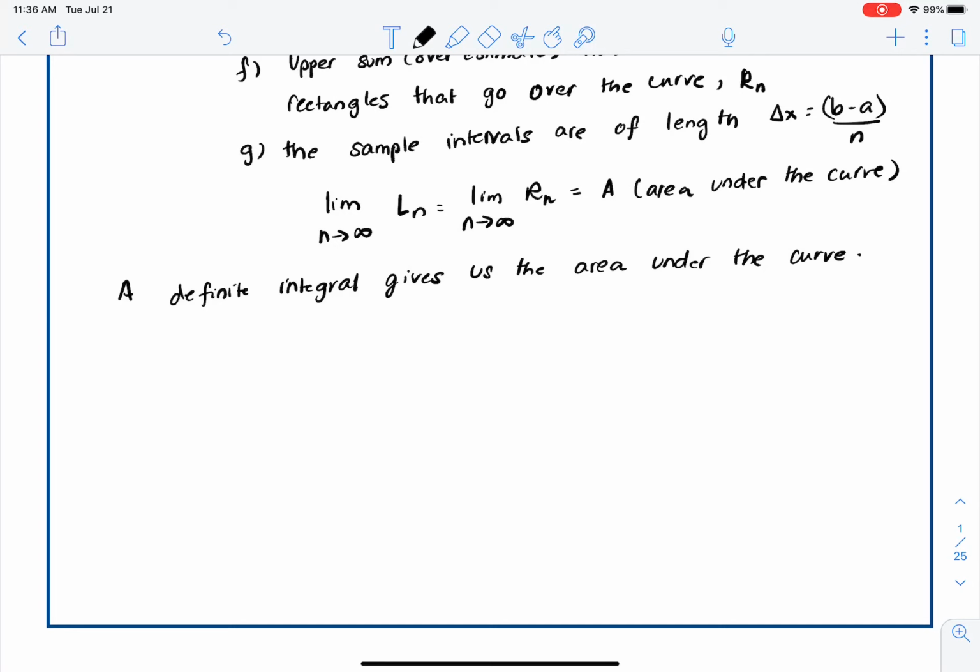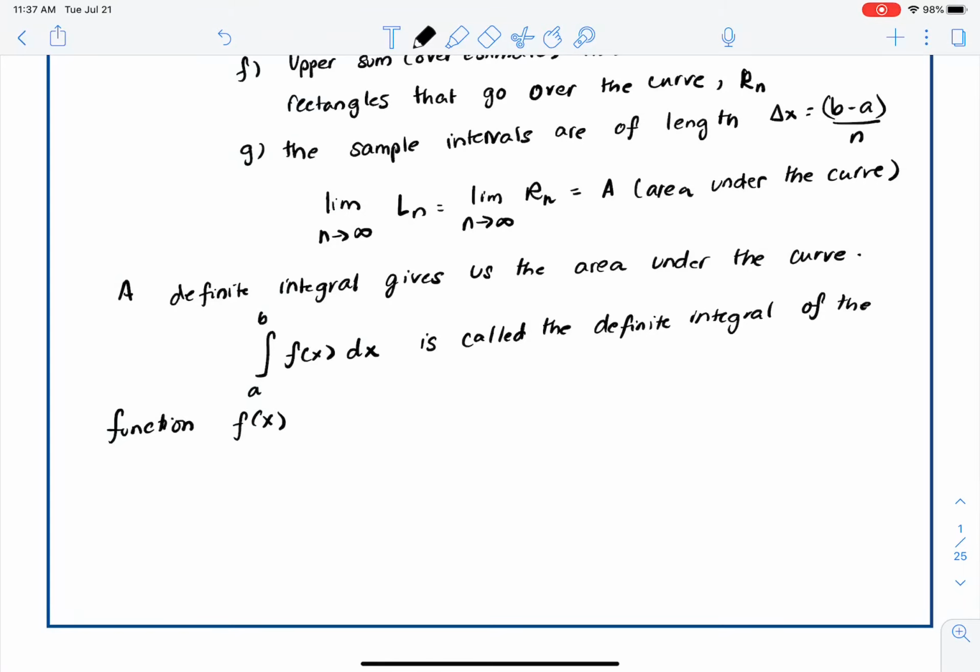So what is a definite integral? The integral of f of x dx is called the definite integral of the function f of x on the interval a, b.